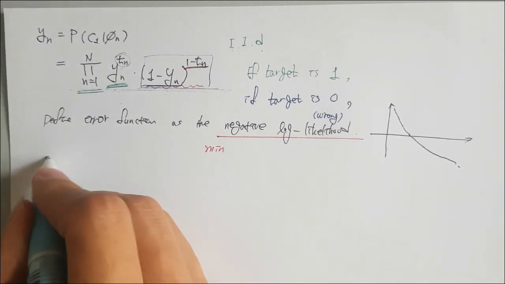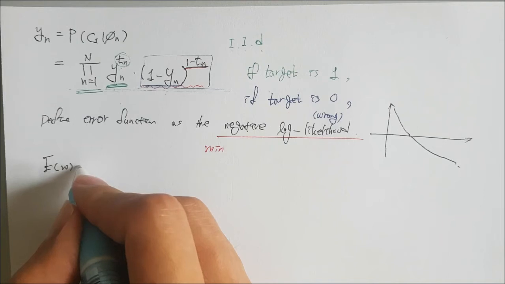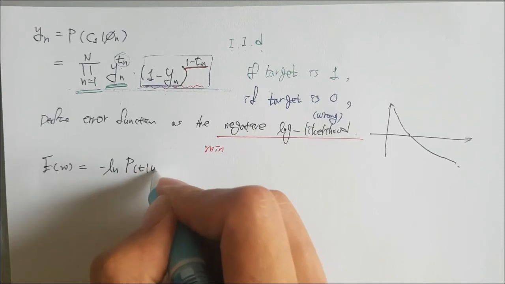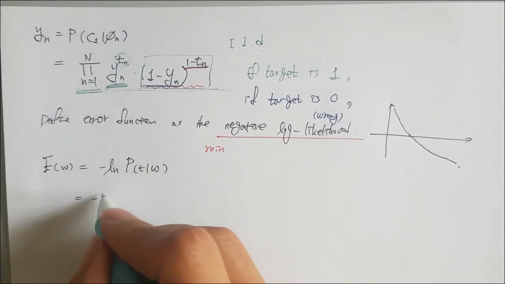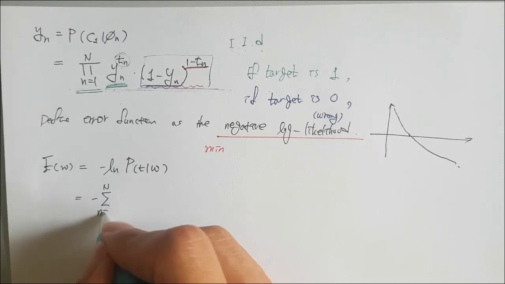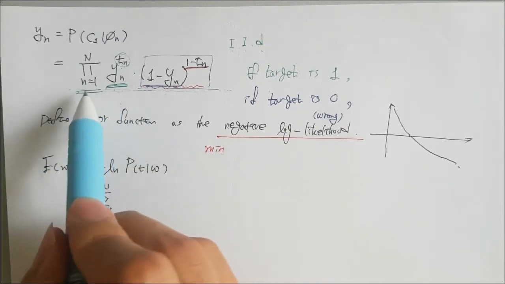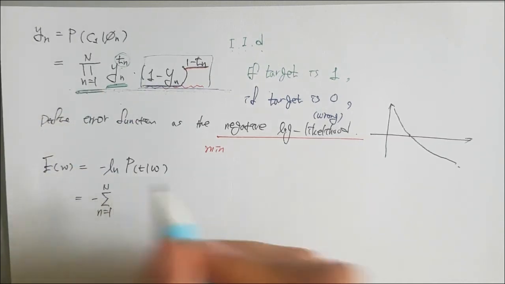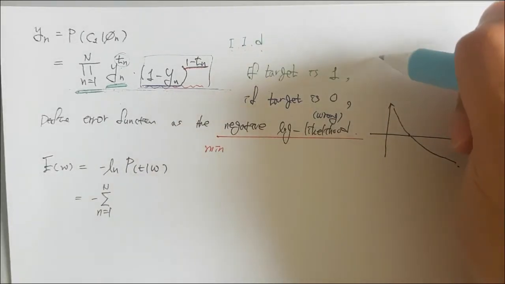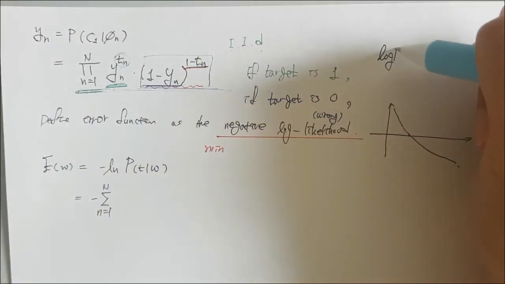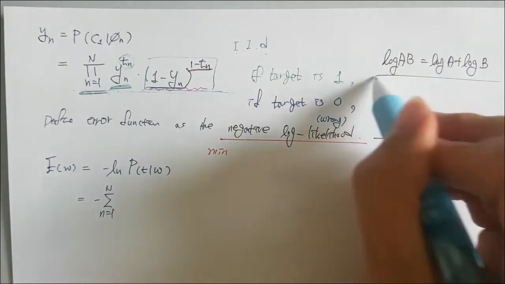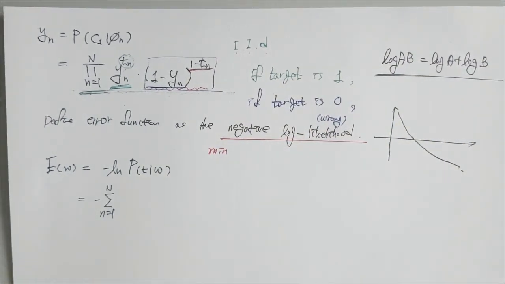So the error function will be a function of the weight, and it will be minus log of the probability, and it can be written as a summation, because all of the multiplication becomes a summation when we take the log. I think you know this, but I will just explain: log of AB is log A plus log B. That's why we prefer using log.